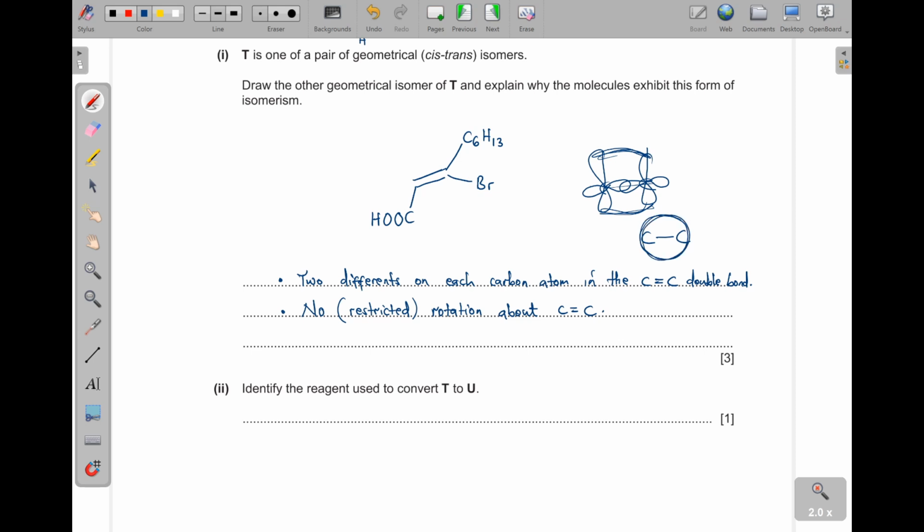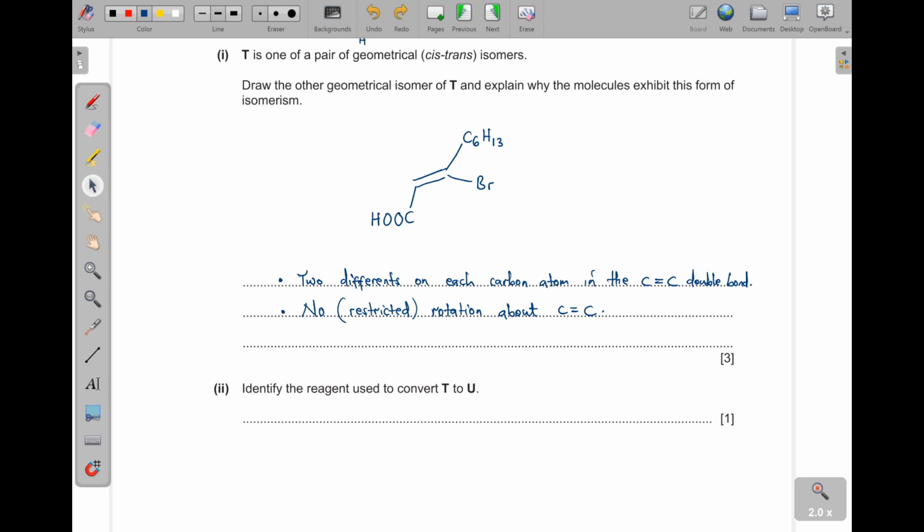So the electrons will be in position to move from this way and then this way. So they form that circle there. So the rotation becomes limited, okay, on that double bond. So that's why we say no or restricted rotation about that carbon to carbon double bond.